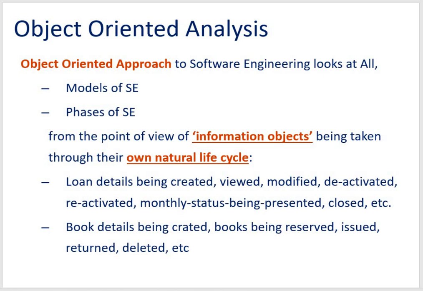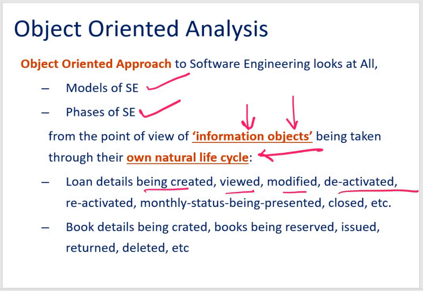Now, the object-oriented approach to software engineering looks at all the models and phases of software engineering from the viewpoint of the information objects being taken through their own natural life cycles. So we are talking about the life cycle of the objects. For example, loan details being created, viewed, modified, deactivated, reactivated, monthly status being produced, and the loan being closed, and so on.